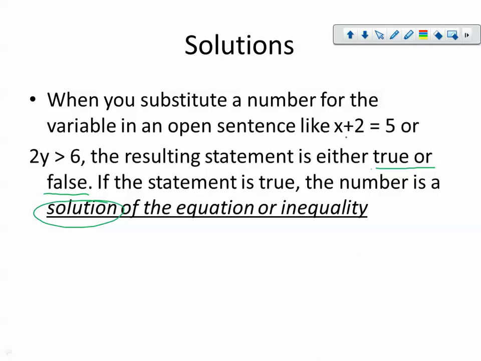Notice in this problem, this one up here, there's only one number that makes a true statement. Think about that for a second. What number makes it a true statement? Don't yell it out because then you're interrupting people. But all right, here it's 3. But think about this one. There's lots of numbers that we can put in here to make this a true statement, because anything that makes this bigger than 6 works.